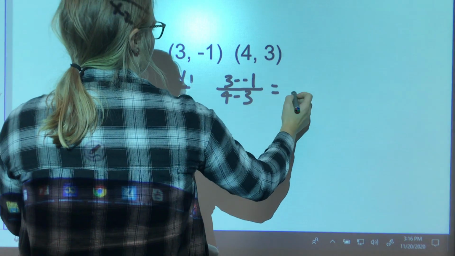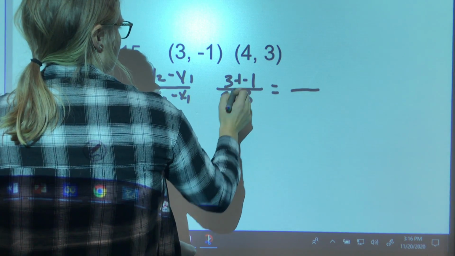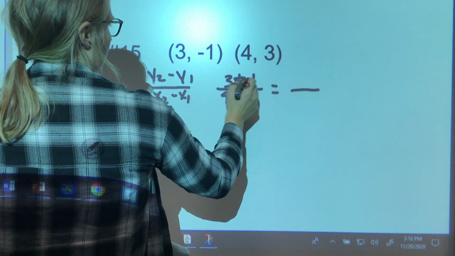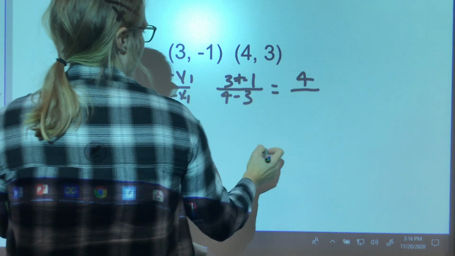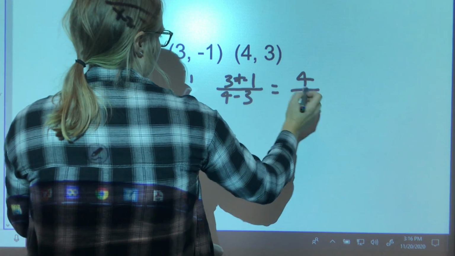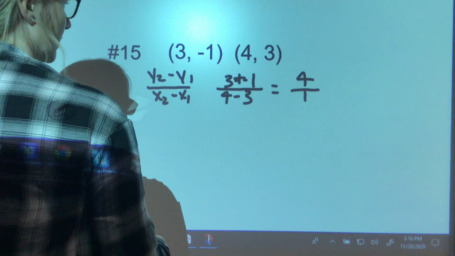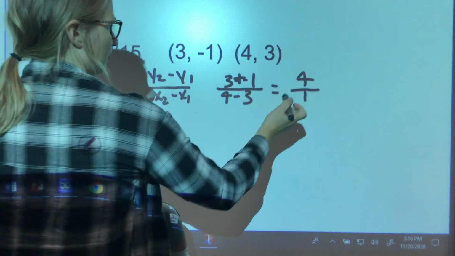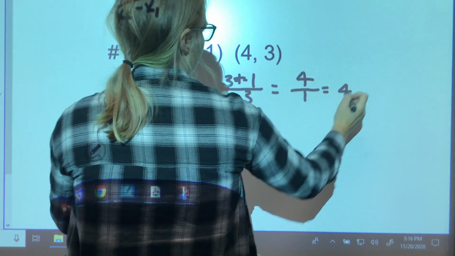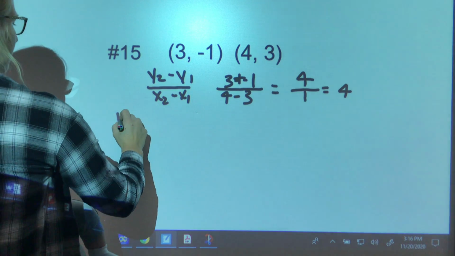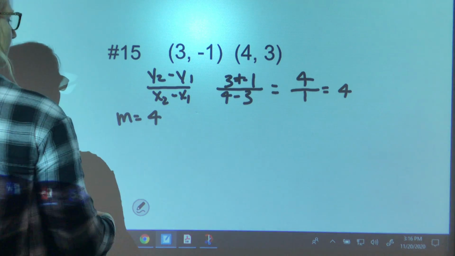And then we simplify. So I change this to a plus. I have 3 plus 1, which is 4, and then 4 minus 3, which is 1. So our slope, when simplified, 4 divided by 1 simplifies down to just a 4. So our m value is 4.